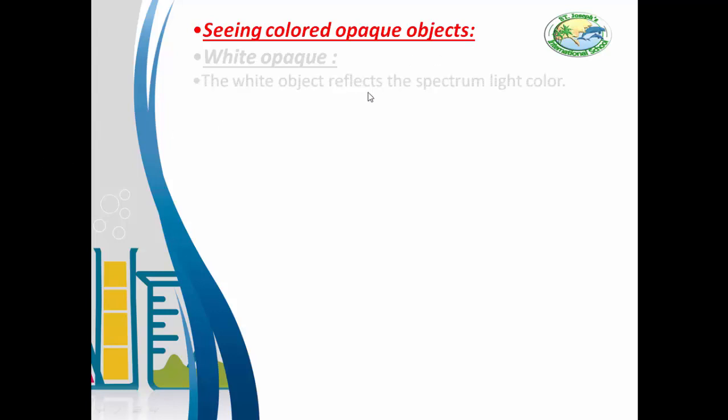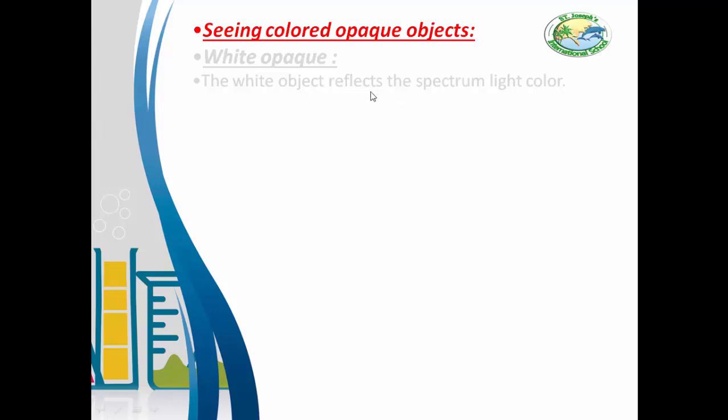The white opaque object reflects the spectrum light colors. It means that when light falls on an opaque object and its color is white, it will reflect all the spectrum colors, so it appears white. White opaque object reflects all.